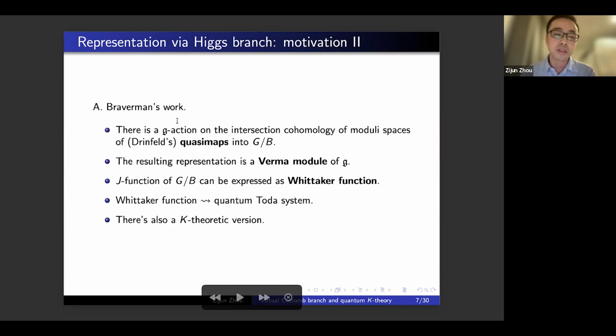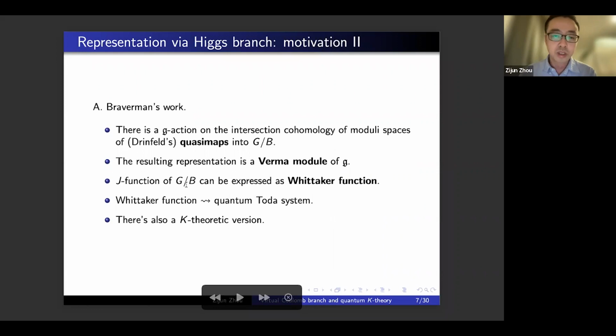In this work, Braverman shows that there is a G action, a Lie algebra action, on the intersection homology of the moduli space of quasi maps into G mod B. By this construction, he can also construct a Verma module of this G. And the J function, which is the enumerative invariant of G mod B, can also be expressed in terms of this Verma module, as some kind of Whittaker function.